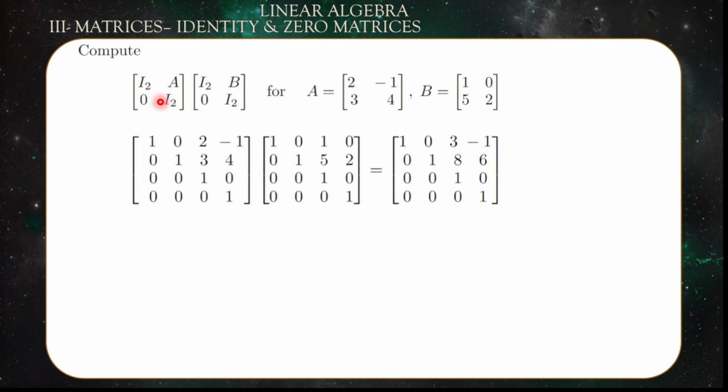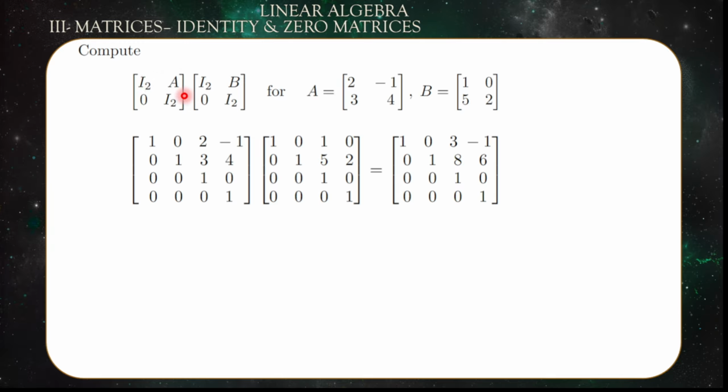Okay, compute the product between these two matrices. You have I2, 0, 0, I2 for A, equal to 2, minus 1, 3, 4, and B equal to 1, 0, 5, 2. Okay, so you have two identity matrices.